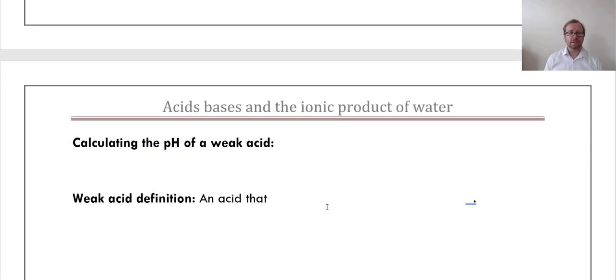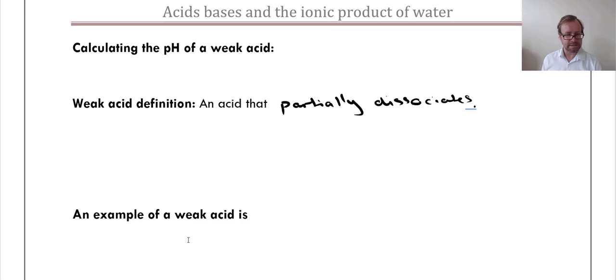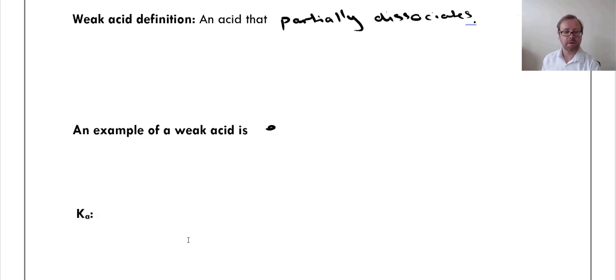So calculating the pH of a weak acid. Okay, so this is slightly more difficult, but again, it's not really that difficult. I think you should be able to get the hang of it quite quickly. Again, we're just going to write the definition. A weak acid is an acid that partially dissociates, and the most common example that you will see is ethanoic acid.